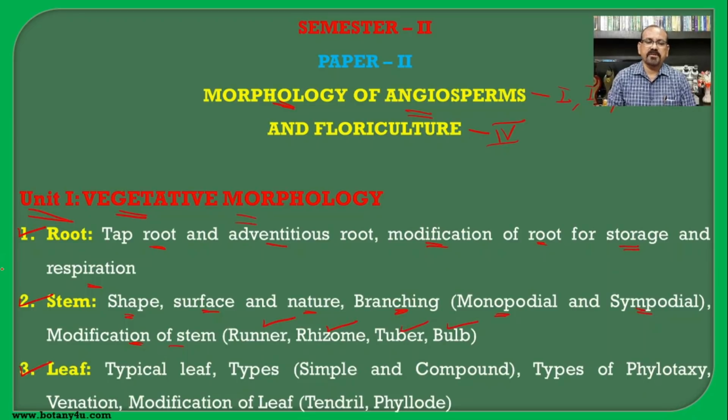The leaf contains the structure of a typical leaf, then types, simple and compound, types of phyllotaxy, then venation, then modification of leaf, that is 2 types, the tendril and the phylloid.